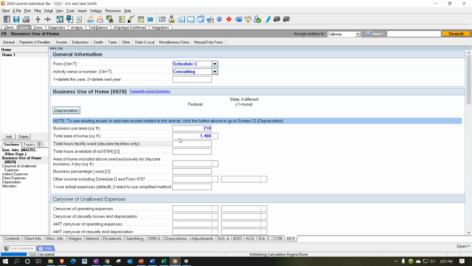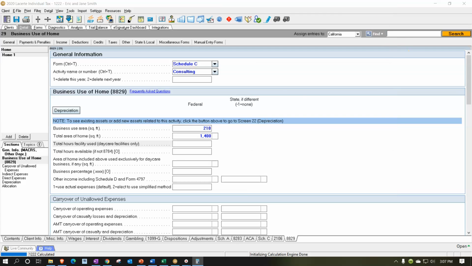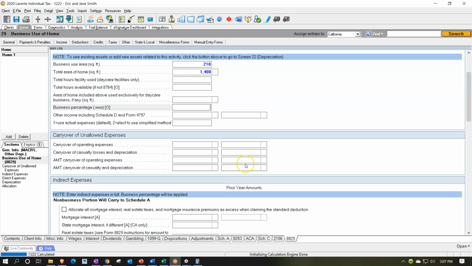So if we're using the square footage as the ratio, we would expect 210 for the office divided by the 1400 for the whole home, 15% office usage. So then the total hours used, no daycare, nothing here, area of home included for daycare, no daycare stuff is necessary.